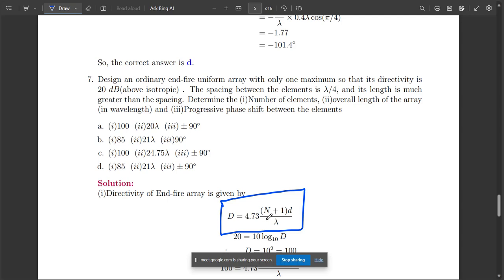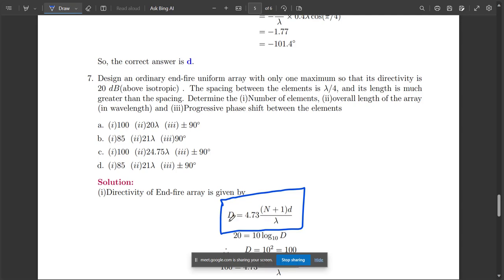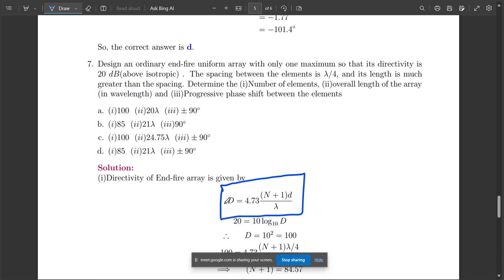Here the value of D is the actual value, but it is given in logarithmic terms, 20 dB. So first convert your directivity into a normal value, and then put it here. You will be able to find out the value of n.